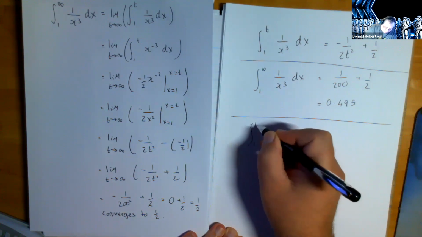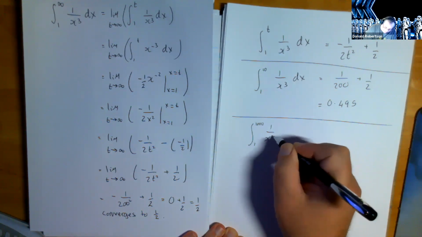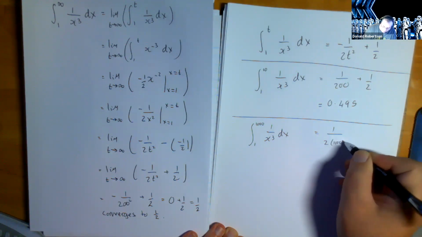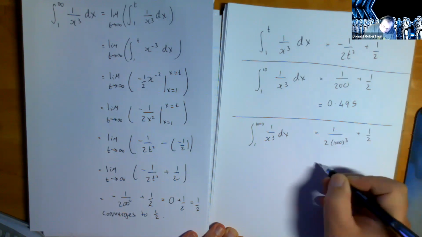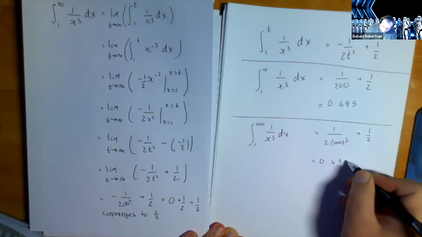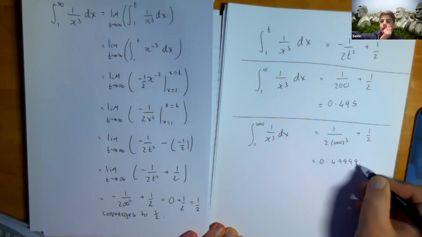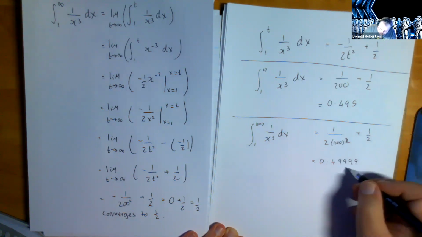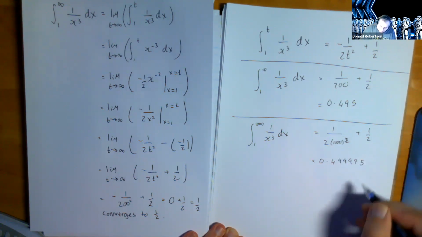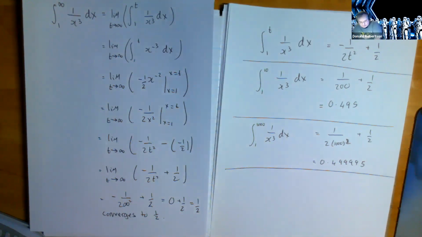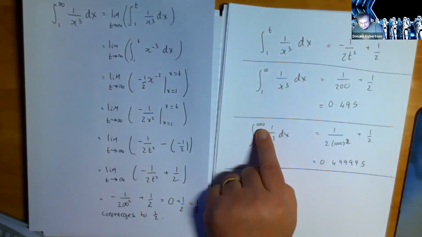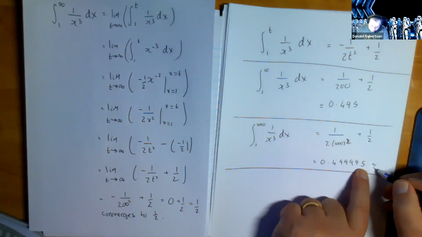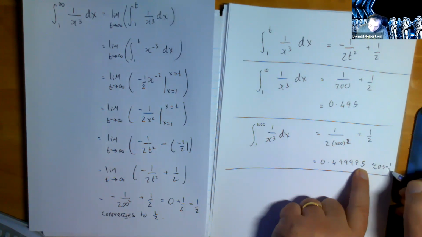If I did the integral from 1 to 1,000, the answer would be negative 1 over 2 lots of 1,000 squared, which is 1,000,000, plus a half, and that would be this answer. Can you see that as this number gets bigger and bigger and bigger, the area is getting really, really close to a half?